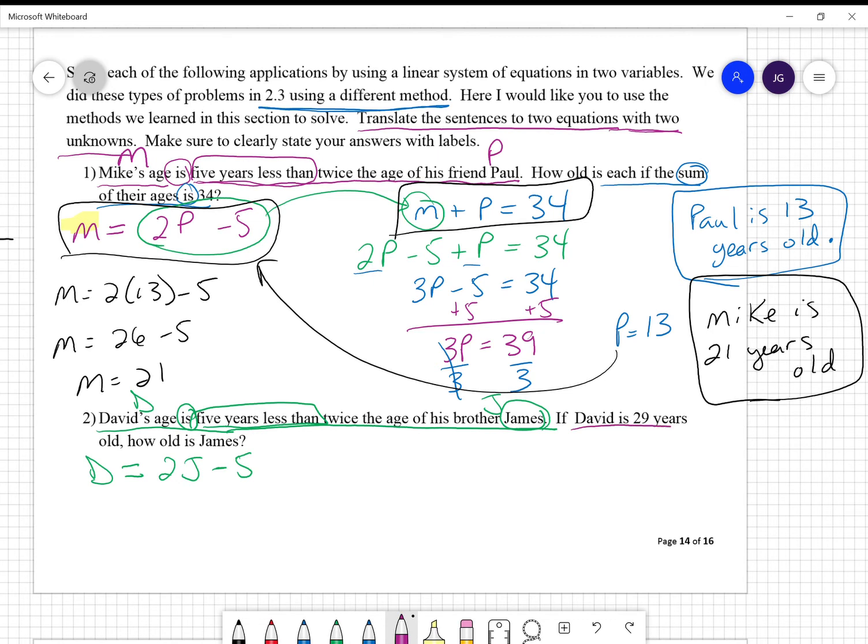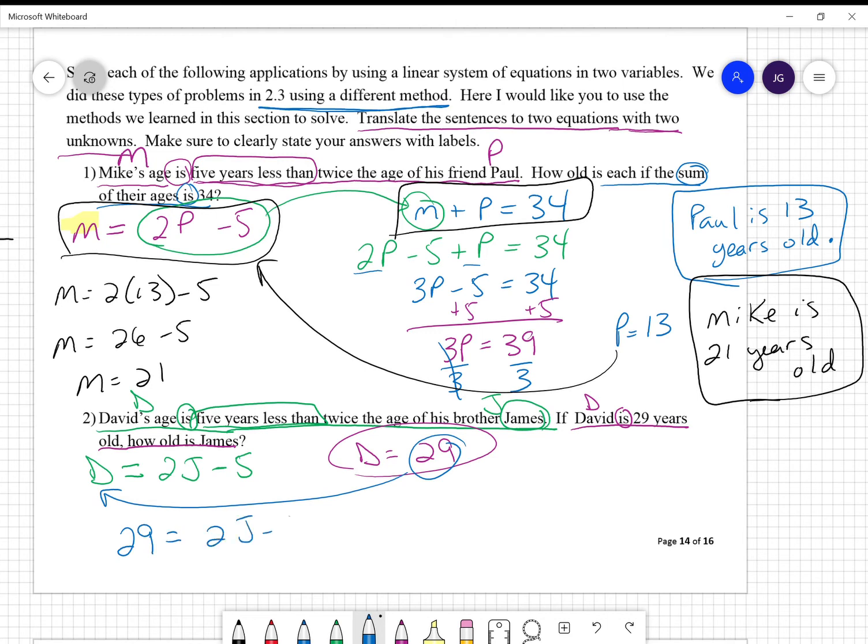If David is 29 years old, how old is James? David is 29. Okay? D is all by itself. I'm going to put 29 in for D. 29 is 2J minus 5.